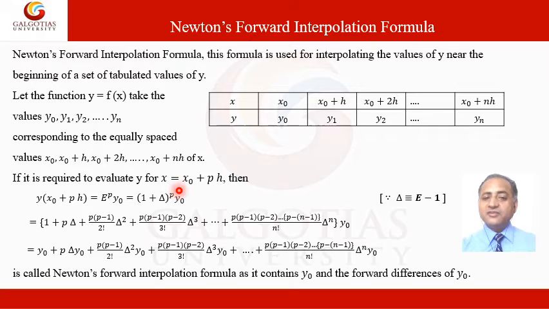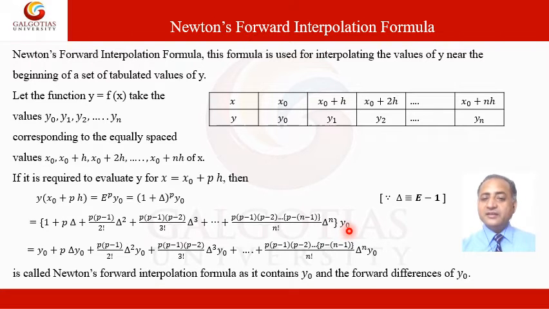1 plus delta raised to the power p, by binomial theorem we can expand it, and you know the formula of the binomial theorem: 1 plus delta raised to the power p is 1 plus p delta plus p(p minus 1) divided by 2 factorial delta squared and so on, right?